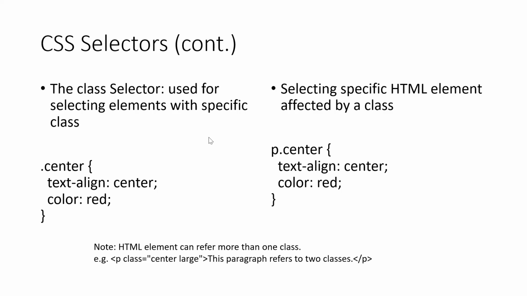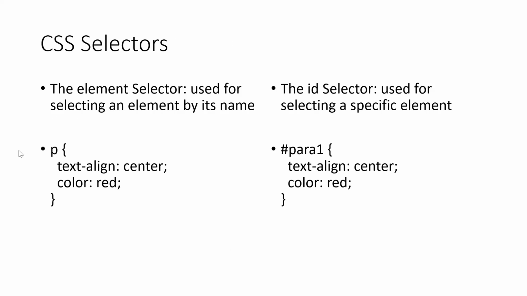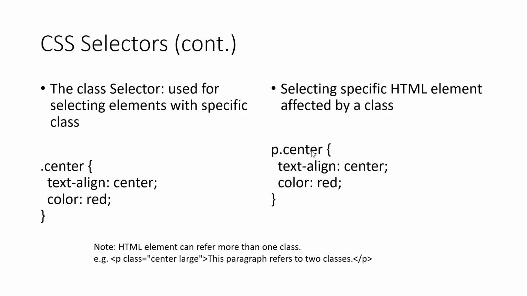So depending on the situation, you can either use the elements like P, like H1, or you create different IDs. I have seen some of you have created IDs, or else you may use classes or use specific elements with the classes. So let's later on see how we use each.